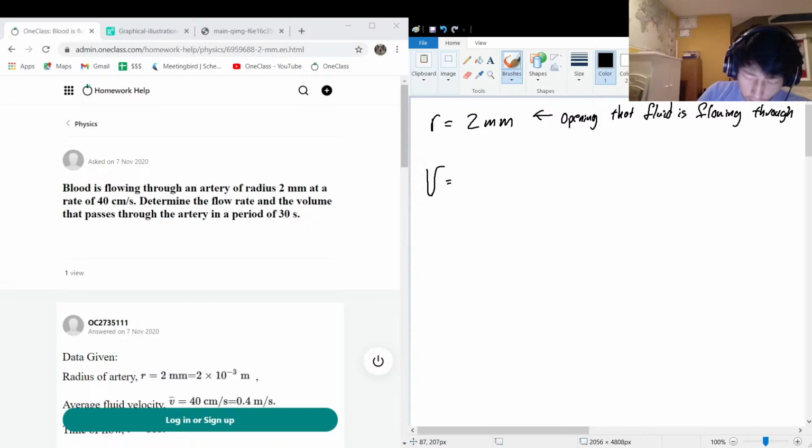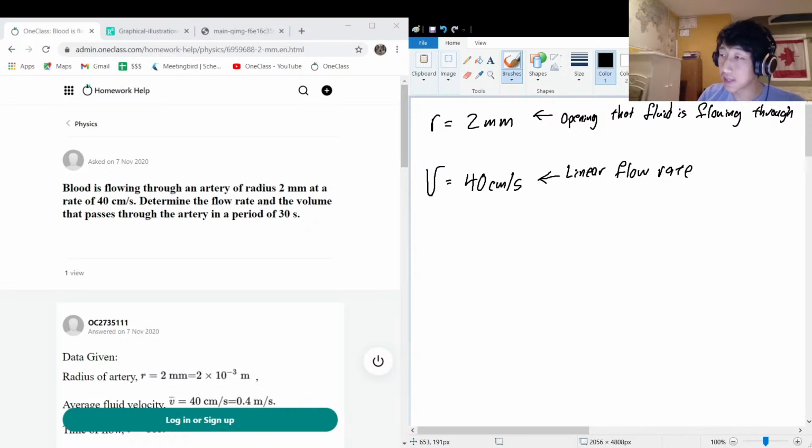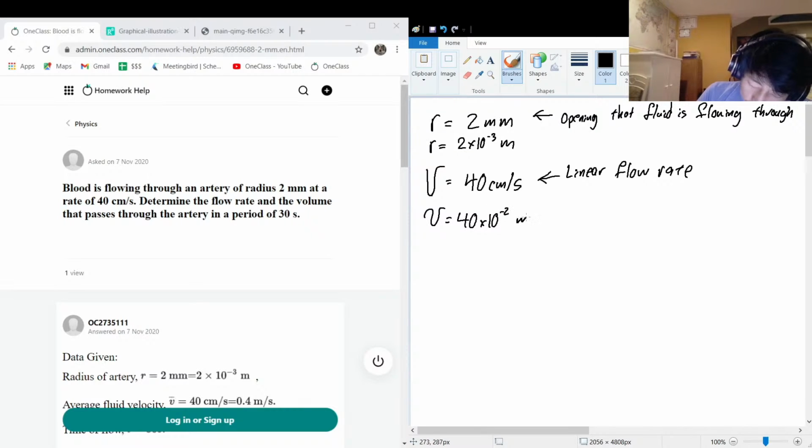V is equal to 40 centimeters per second, and this is like linear flow rate. And let's convert these SI prefixes into coefficients, just so our units will always line up. So this will be 2 times 10 to the -3 meters, and V will be 40 times 10 to the -2 meters per second.